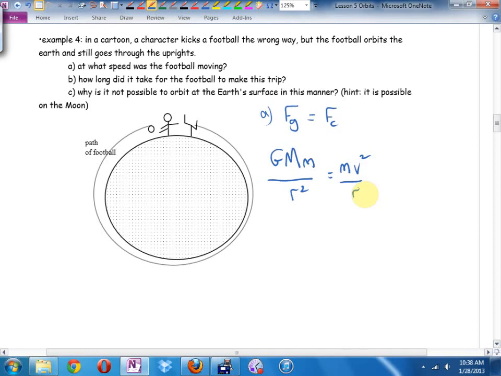By the way, you could just go to the previous page and look at the box. Don't. I want you to learn this procedure. Don't memorize that. Know that you can always fall back on Fg equals Fc and just cross multiply your little hearts out. The mass cancels, yes. One of the r's cancels. And I end up again with orbital speed being the square root of big G, big M over r.